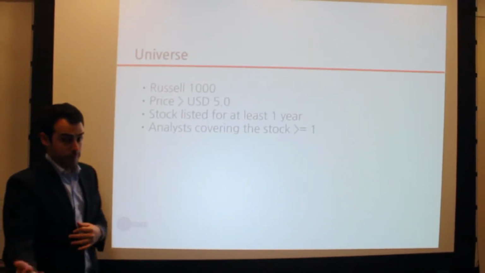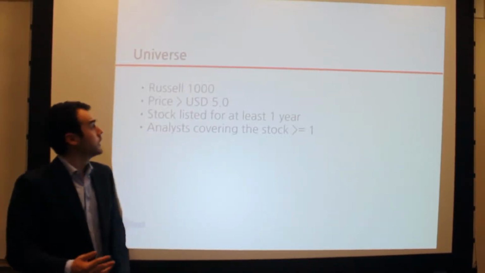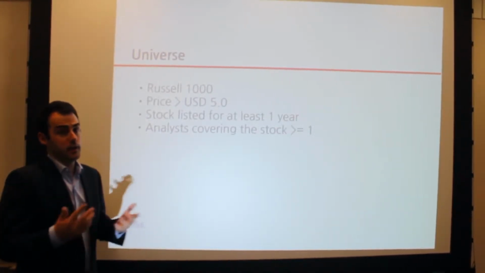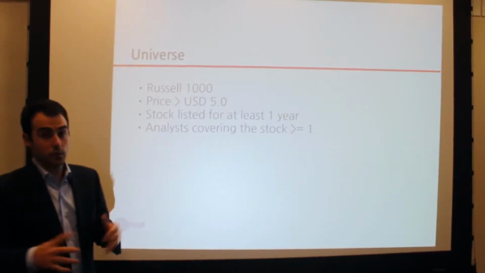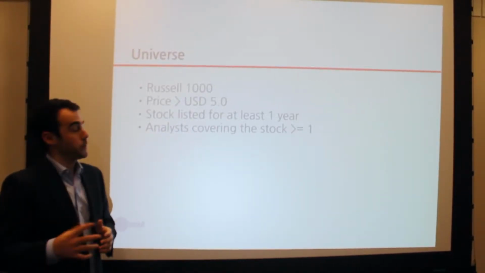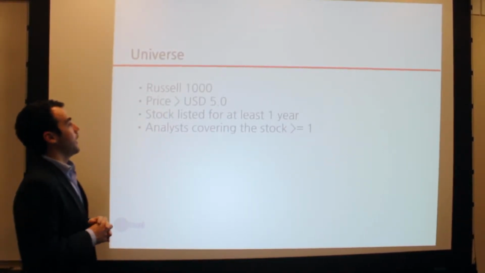In each investment process, the first part is the universe, to find the data. In this case the universe was the Russell 1000, with the data we got from Datastream. We decided to put these 3 active filters.